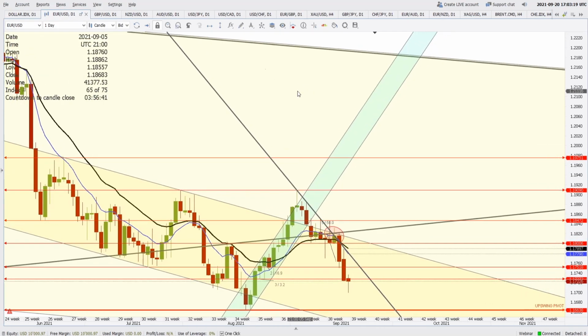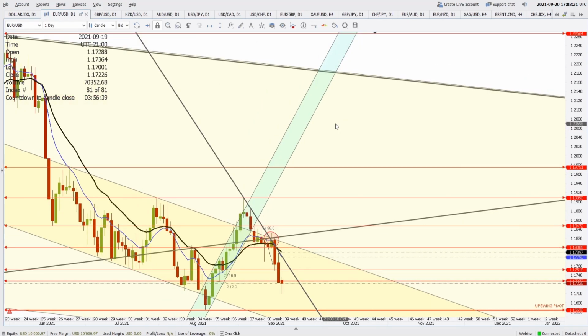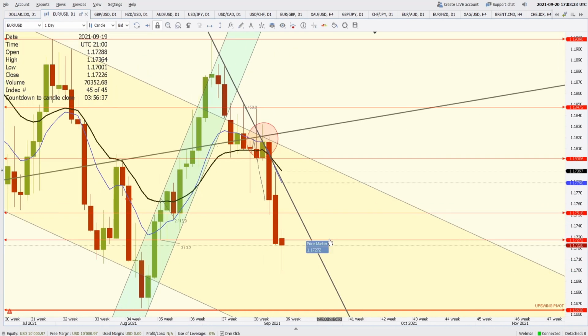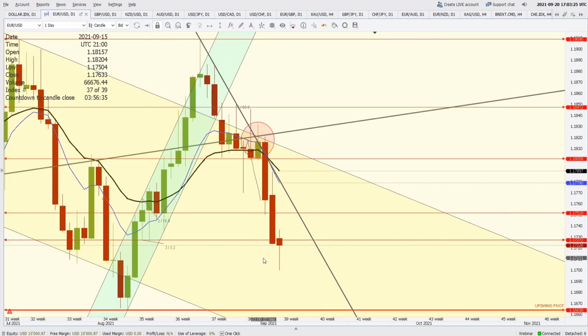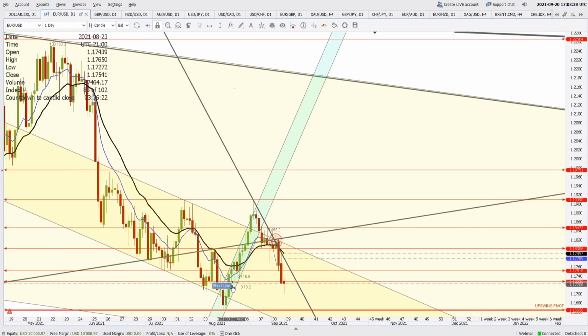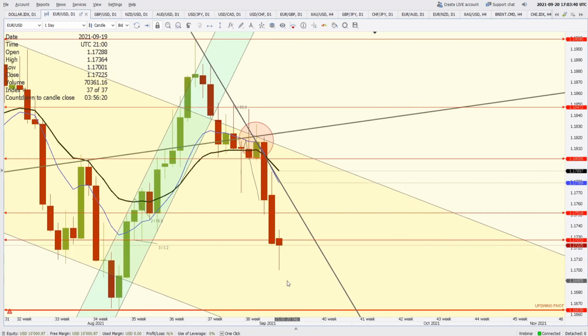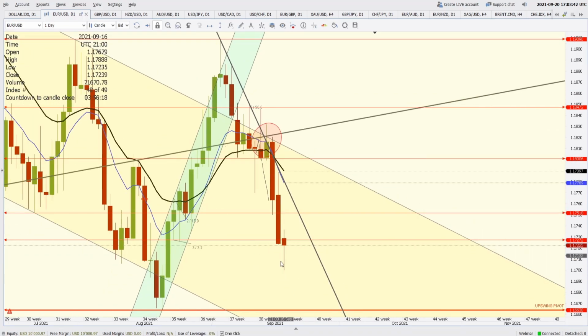So now let's look at the euro dollar, what it is suggesting. Well, yesterday it gave us a very clean close, well below 1.1727. The price actually closed at a low of 1.1723, which was even lower than these lows which we had marked on the chart. And there seems to be no good support at these levels where the price is trading, although it is trying to give us a pin bar on the daily chart.